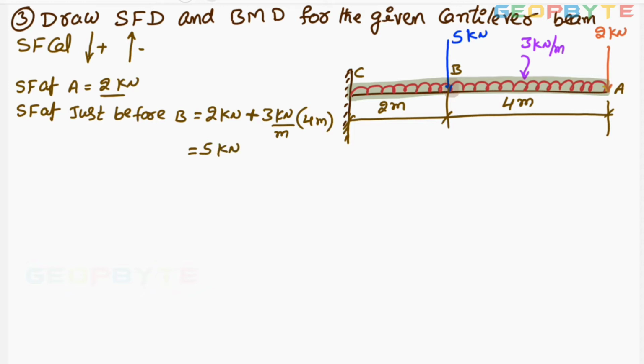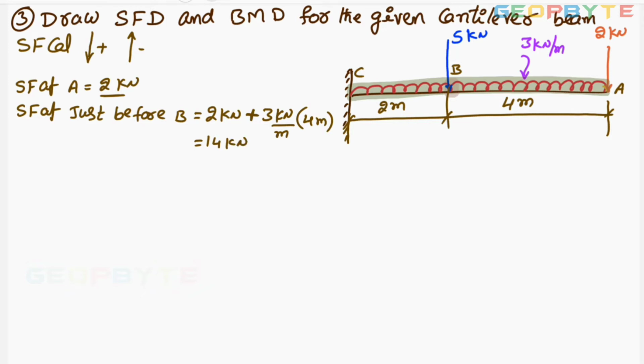I hope you understood. Once again, the point load from the UDL is obtained by multiplying UDL with UDL distance. In the shear force calculations, you have to add only the point loads. It is 4 into 3, 12, 12 plus 2, 14 kilonewtons.